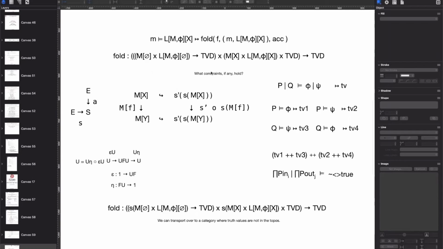Top, bottom, 1 and 0, that's the domain of linear logic. Or the unit interval from 0 to 1, that's the domain of probability distributions. So those are all domains where we have some recognizable notion of truth.